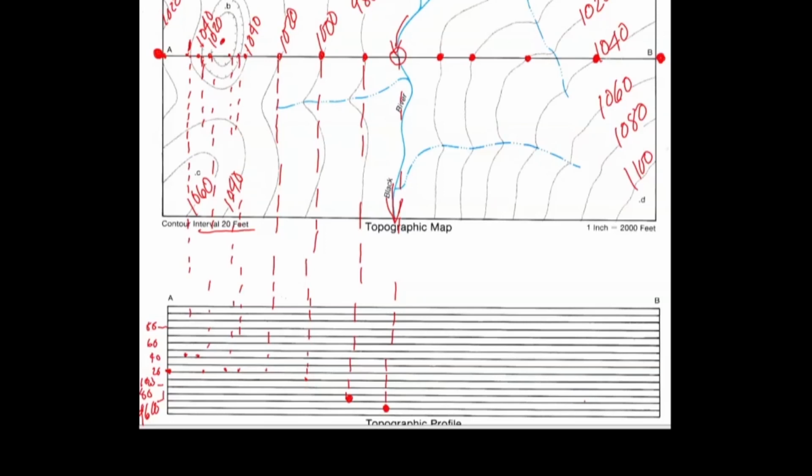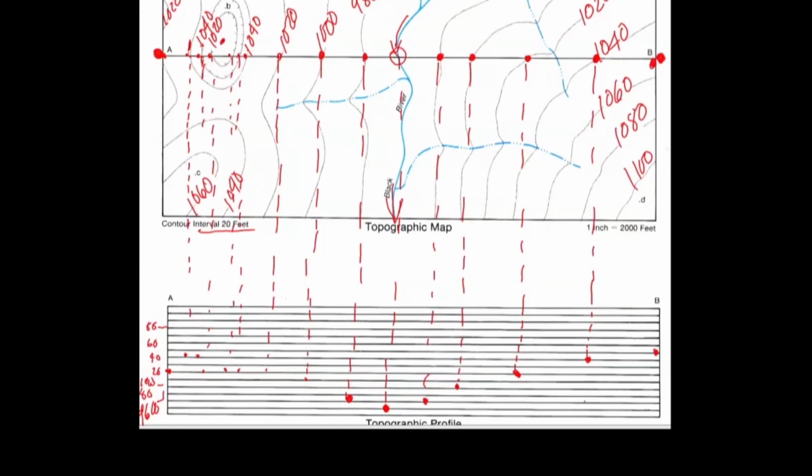There's our stream. 980 here. 1,000 here. 1,020. 1,040. And point B goes off the map at about 1,050 feet.